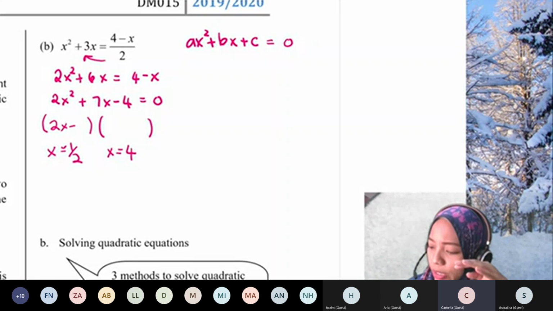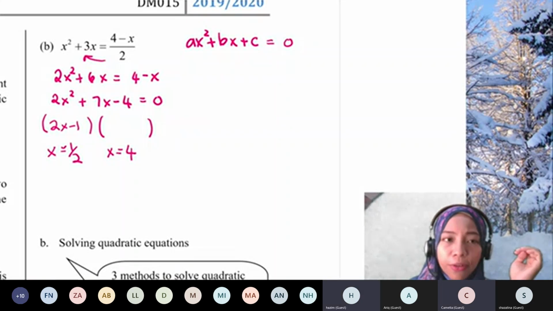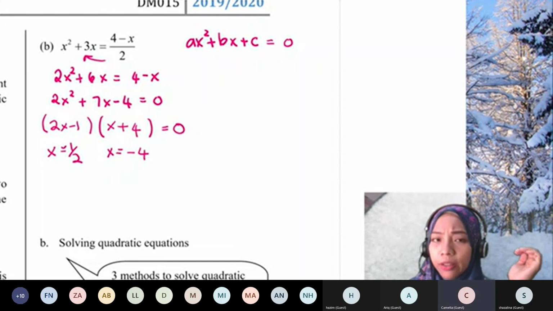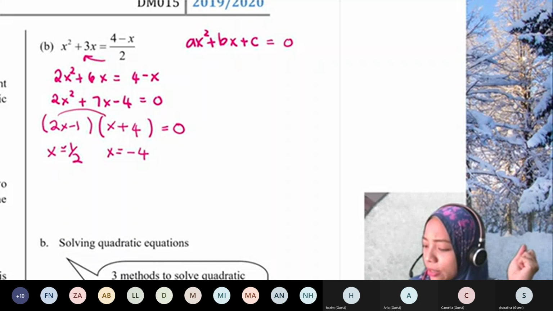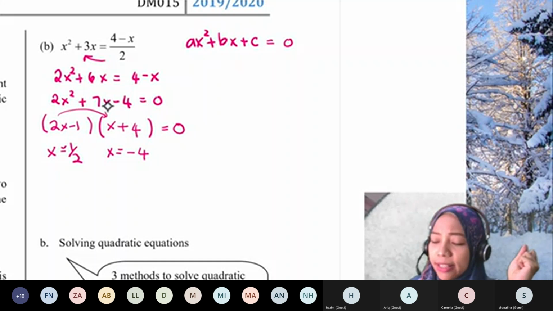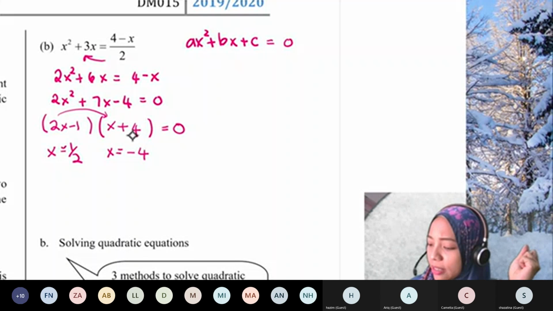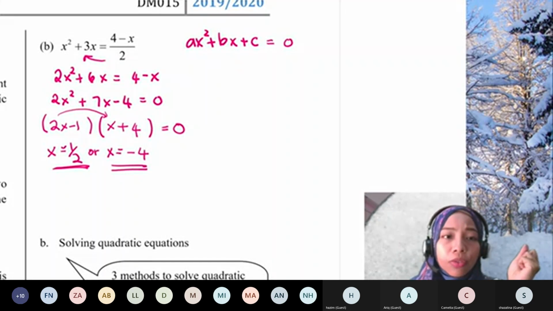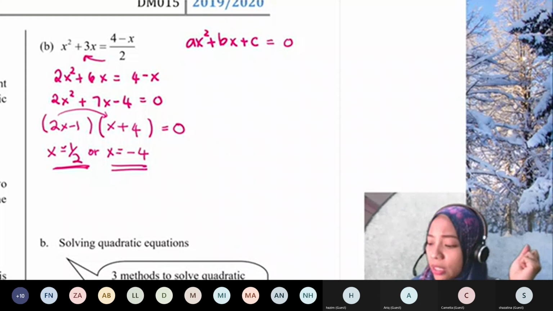So 2x minus 1. The other one, x equals to 4 or negative 4? Negative 4. In the bracket, x plus 4, yeah. So you can check quickly: 2x square plus 8x minus x, yes, you get 7x. And then you expand, you get minus 4. Then your answer is correct. Okay, that is how you solve the x values.